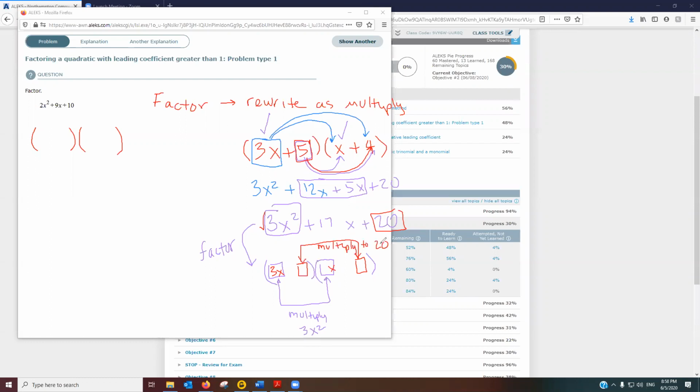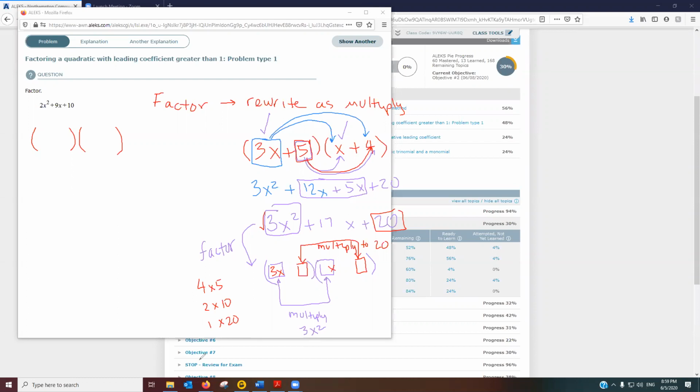Well, there's a couple of different ways to get 2 numbers to multiply to 20. I could do 4 times 5. I could do 2 times 10. I could also do 1 times 20. So these are some options that I would have to check out if I was going to do the factoring.